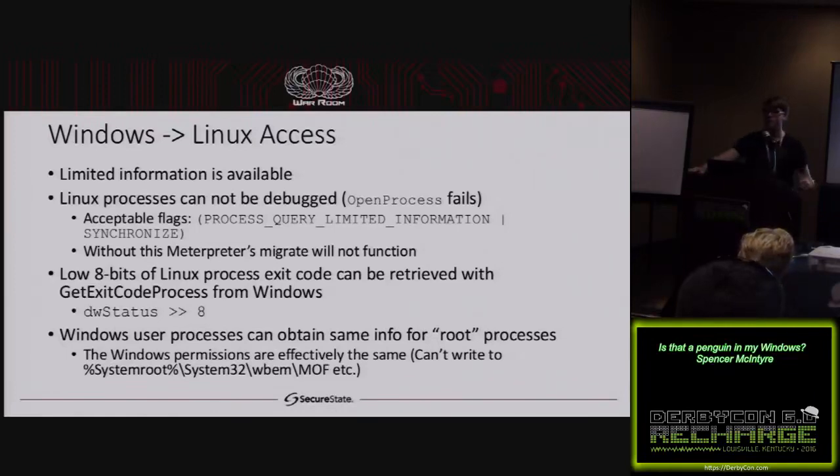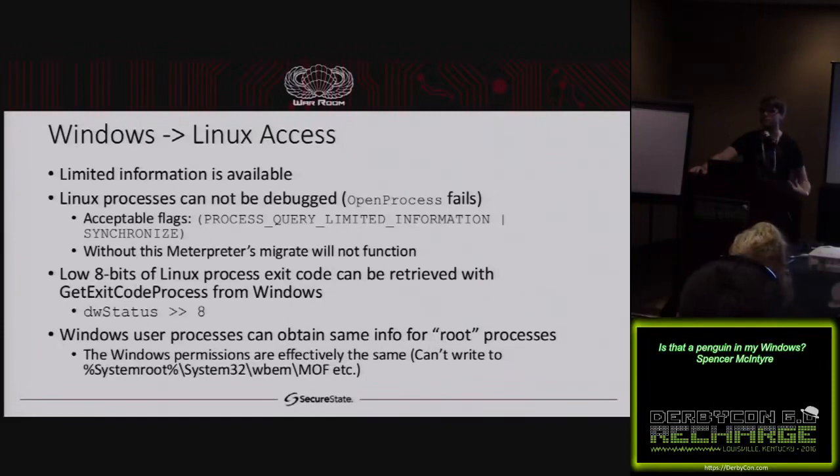What you can do is query limited information, which basically allows you to check the exit code when the process exits, and you can call it with SYNCHRONIZE, meaning that you can wait for that process to exit. So this is slightly interesting because, as us Linux users know, in Linux, the exit codes of processes are actually somewhat important. There's a standard list of exit codes that mean different things.